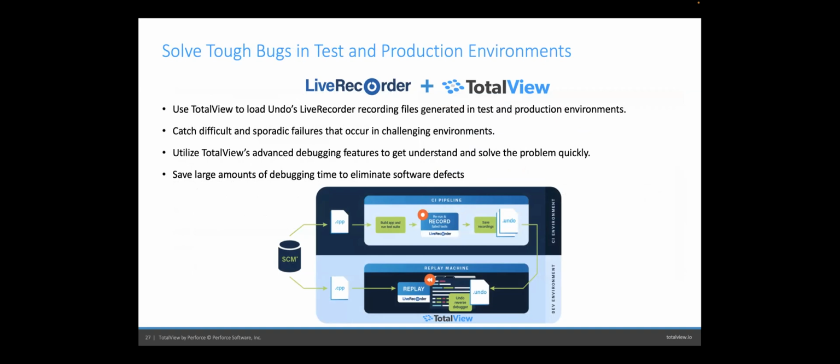We are partners with a company in the UK. They provide a standalone version of this technology called Live Recorder, and it allows you to run it outside of the debugger, generate that recording file I just talked about, and then load it inside of TotalView so that it can be debugged. So it's an extremely powerful workflow that allows you to solve some tough problems.